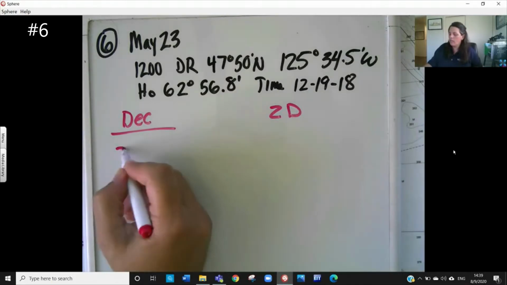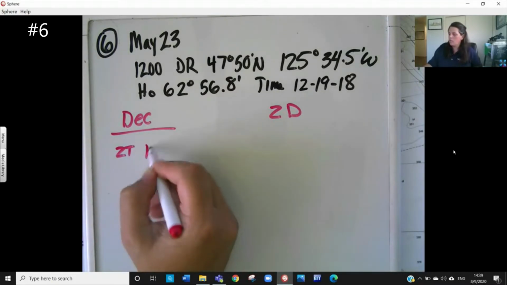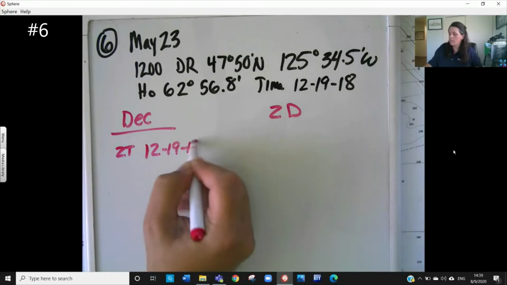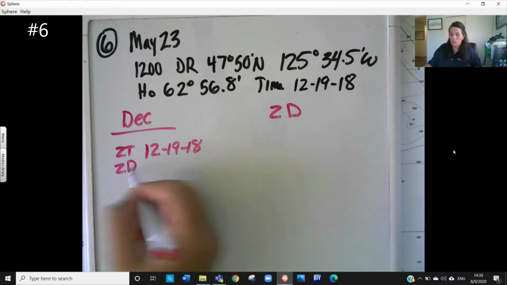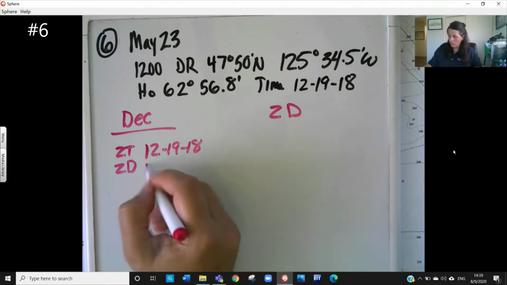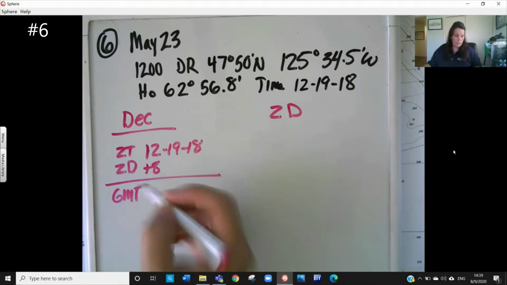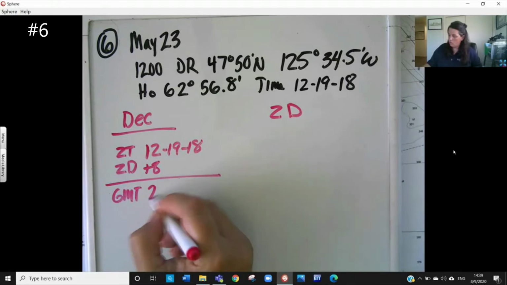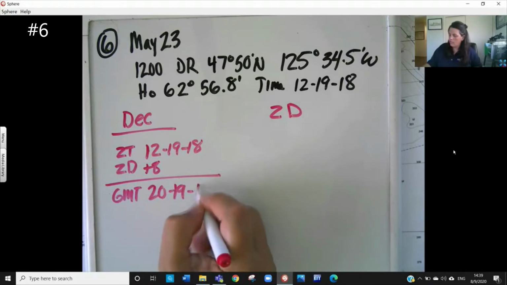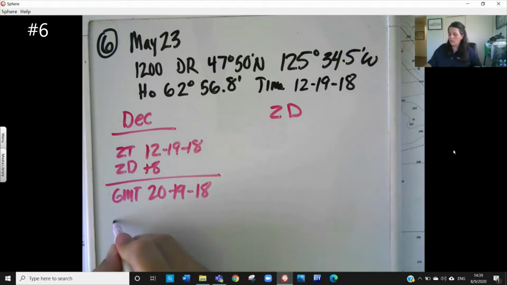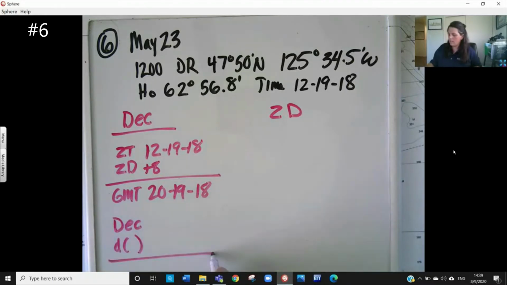So we have our zone time of 12:19:18. Our zone description was +8. Our GMT time is 20:19:18. So now we can go to the almanac to see what our declination will be.